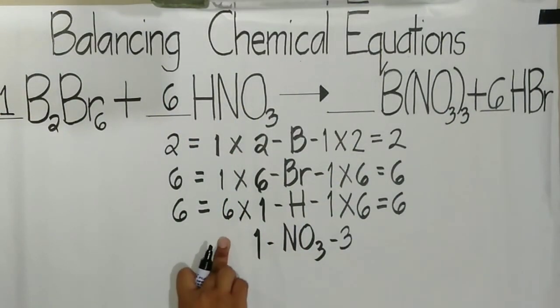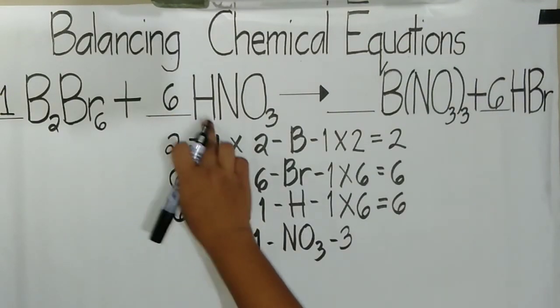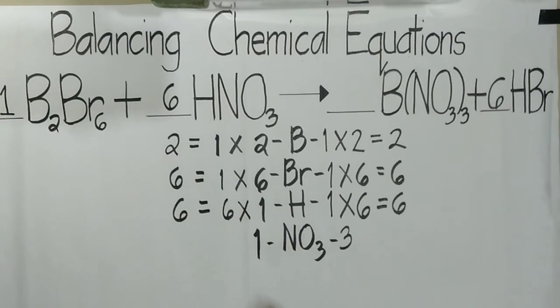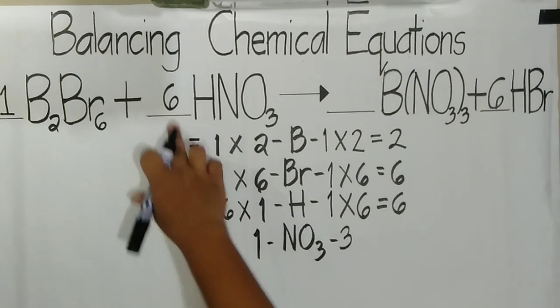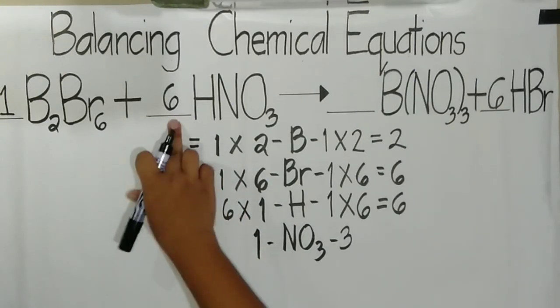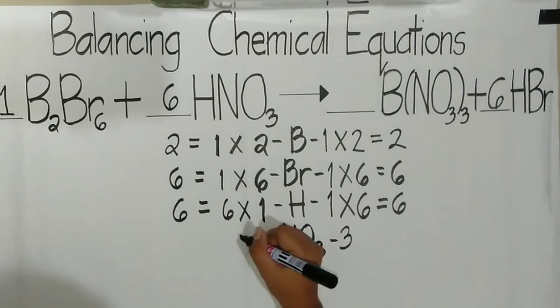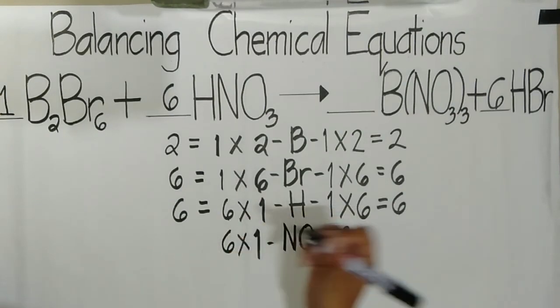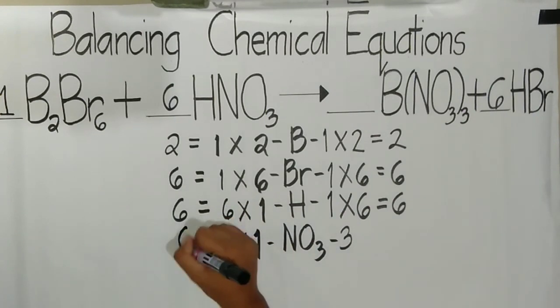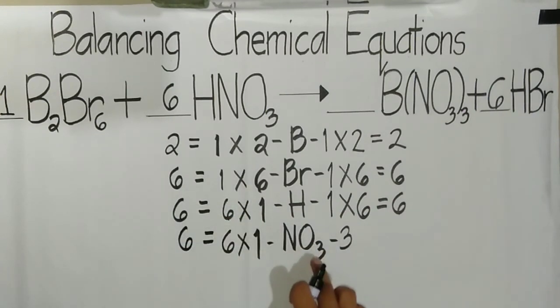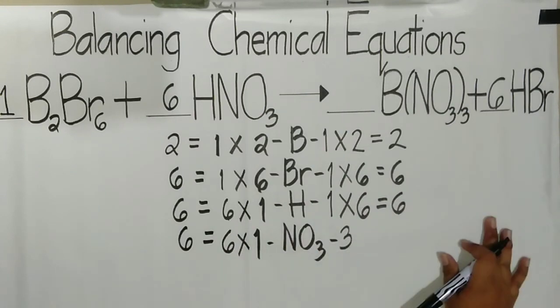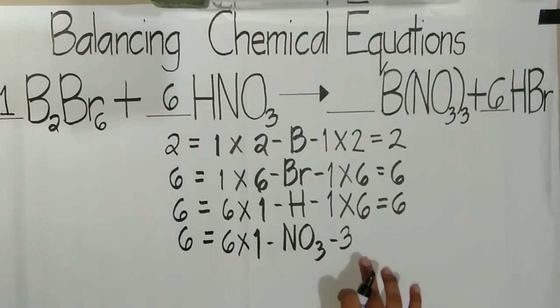Try to look at it here. So, 6 nitric acid. Meaning to say that the coefficient of the NO3 in the reactant side would also be 6. So, we are going to multiply it by 6. So, 1 times 6 is equal to 6. On the product side, for the nitrate, what number are we going to multiply sa 3 in order for it to be equal sa 6 for them to be balanced?